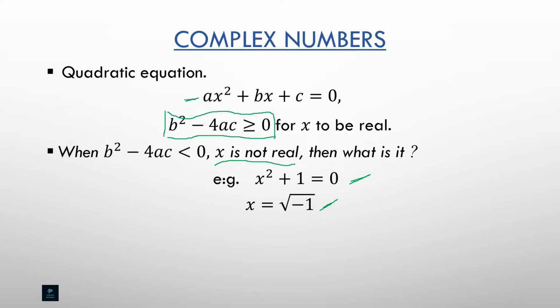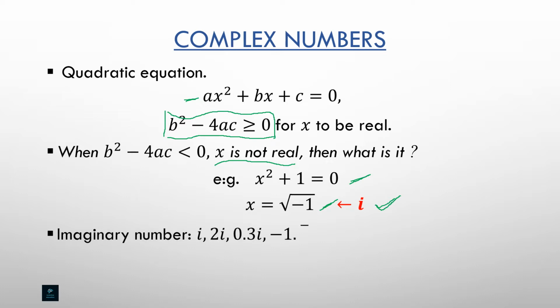So this square root of minus 1 is given a special symbol, i, which stands for imaginary number. This i is the unit of imaginary numbers. Suddenly there is a whole new set of numbers called imaginary numbers.